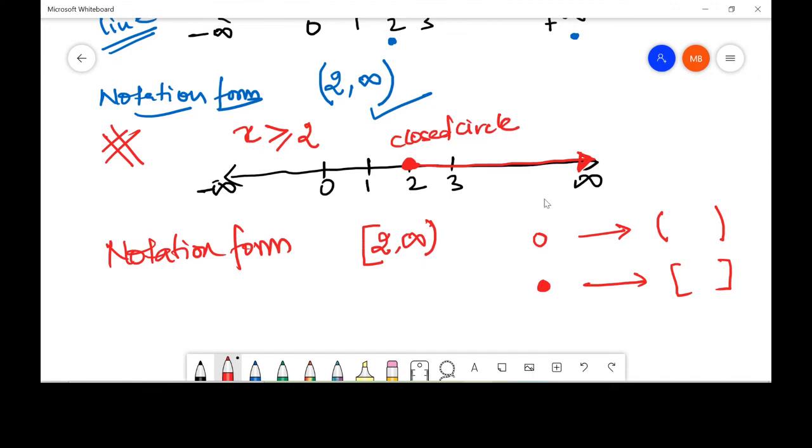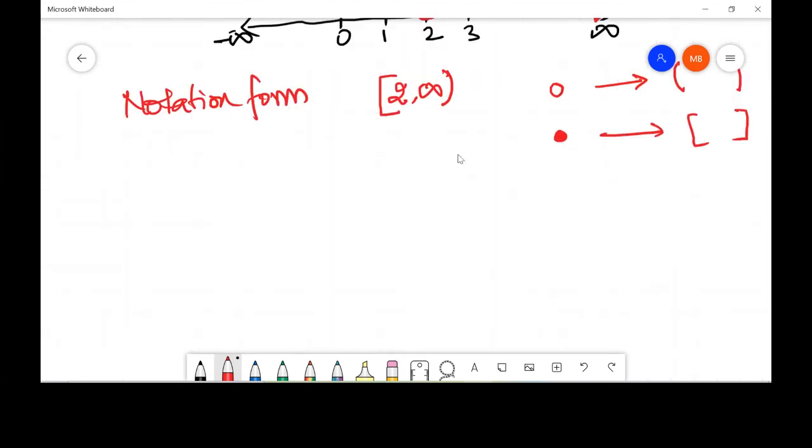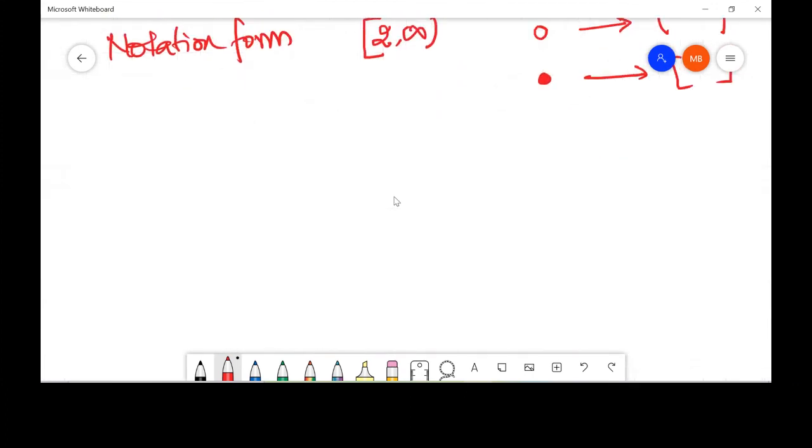Okay, let us discuss one more example. We'll go for a slightly harder example this time. Say for example, we have x greater than -2 and say less than 2.